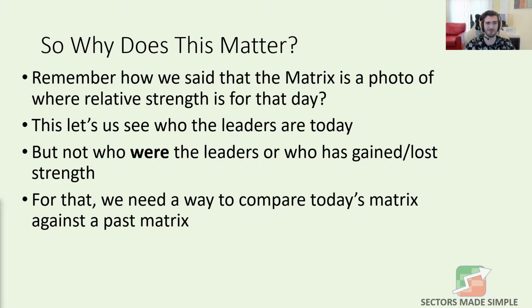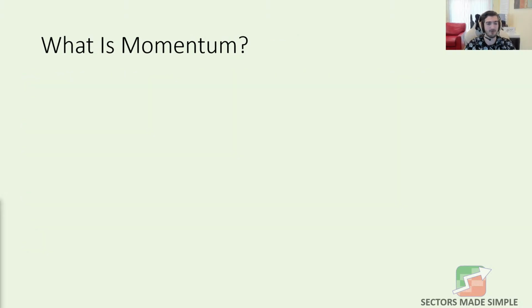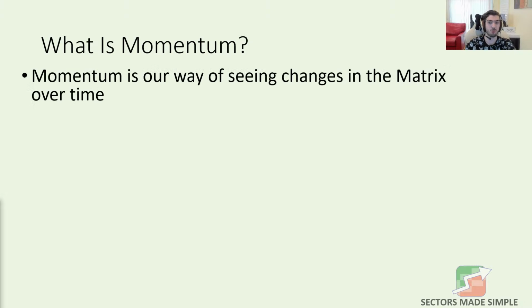And this should come as no surprise. This is where the topic for today's webinar comes in. Momentum. Momentum is our way of seeing the changes in the matrix over time. It lets us compare today against a previous period and get to see what's changed in the matrix.